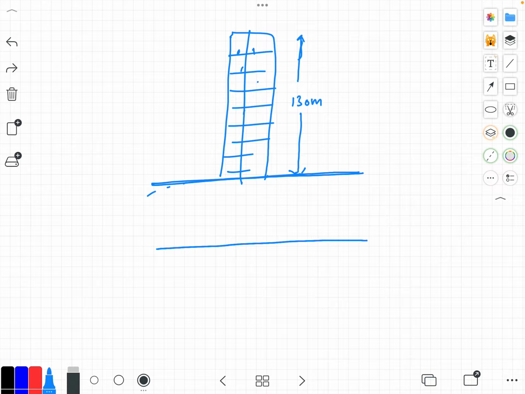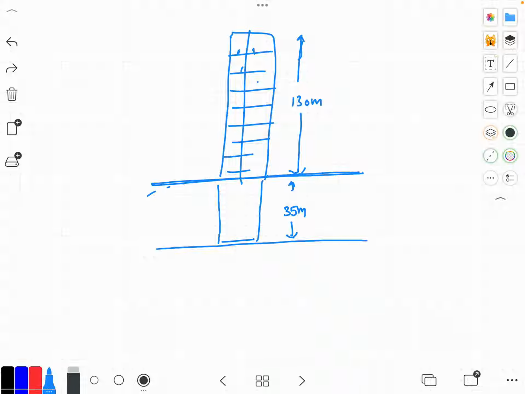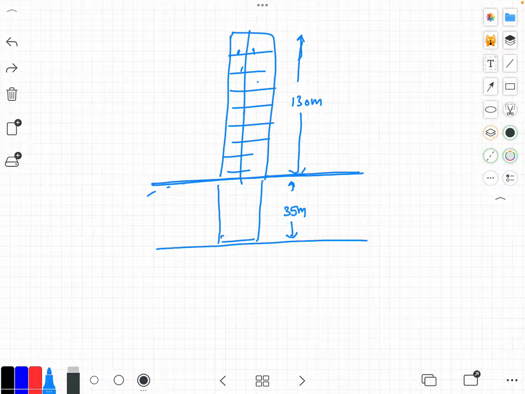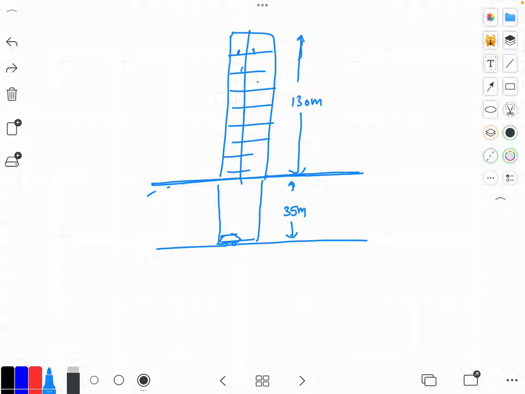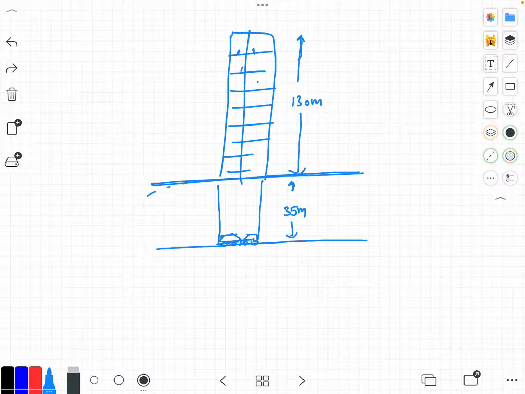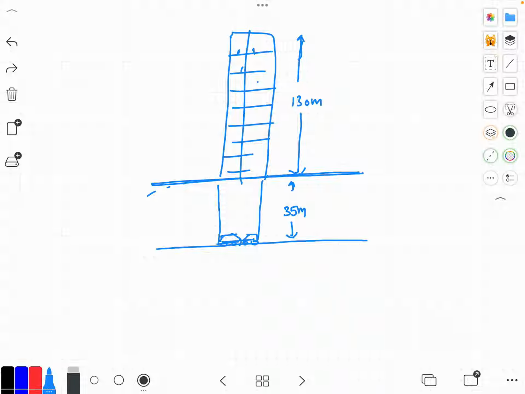Here cars are parked. So this cellar is nothing but 35 meters below ground level. So here your cars are parked. Now he is asking how high is the roof above the floor of the car park.